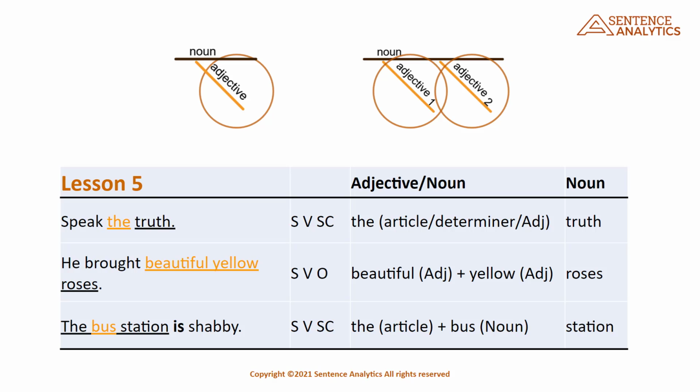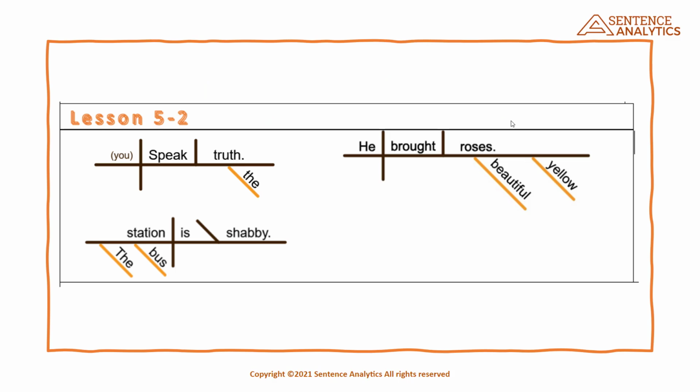You may be wondering why the direct object isn't beautiful or yellow instead of roses. Well, roses is the only noun, and the other two words describe that noun. Beautiful and yellow go beneath roses on slanted adjectives lines. This is what it looks like. He brought, subject verb, roses, direct object, beautiful and yellow describe roses.